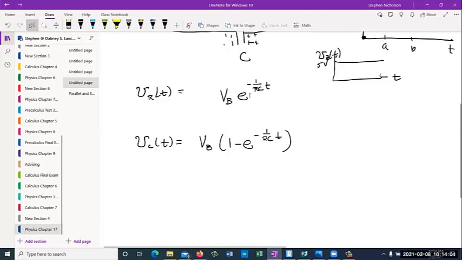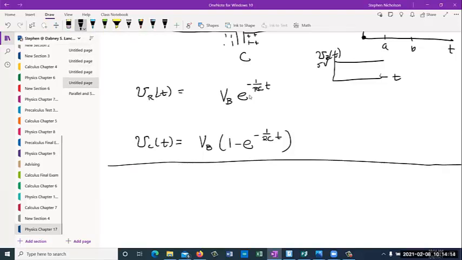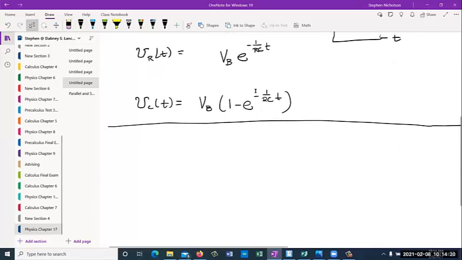Now, the reason I'm doing this is I have a problem like this on the test. You just have to be able to use the equations. So let's make up a circuit. We're going to start off with, let's say, 5 volts.